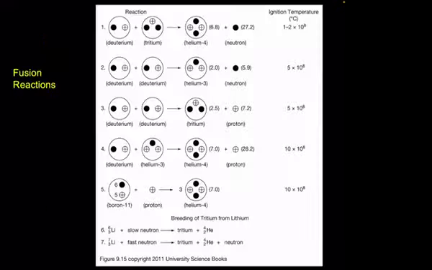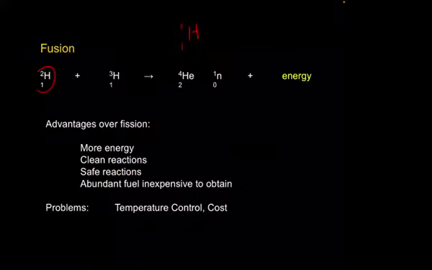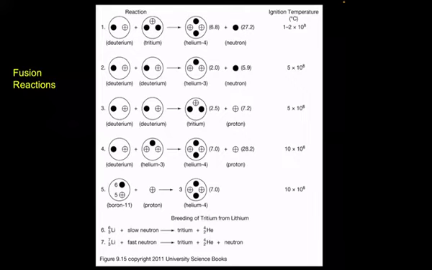Now, this is from your book. And that's the one we just saw right here, deuterium and tritium, this first one. And you look at the temperature, 100 to 200 million degrees. I think the tokamak reactor is running at like 200 million degrees. That's what it's set up to do, reach those temperatures. Well, there's other reactions or possibilities to deuterium.